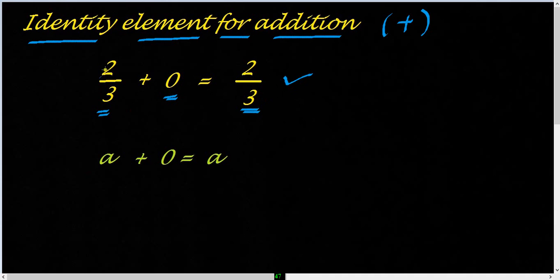How have we done it here? 2 upon 3 added to 0, you again get 2 upon 3. Like a added to 0, you get a. If you have 2 added to 0, you get 2. So the identity element for addition is 0. 0 means if it is added to any rational number, the answer will be the same.